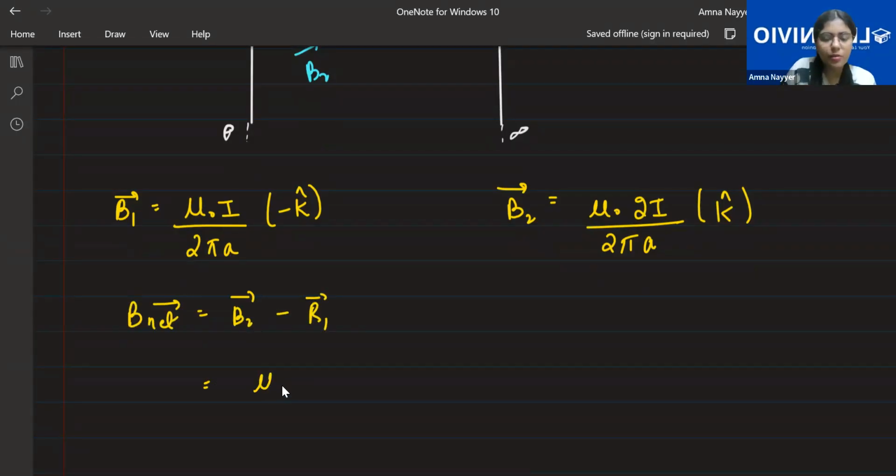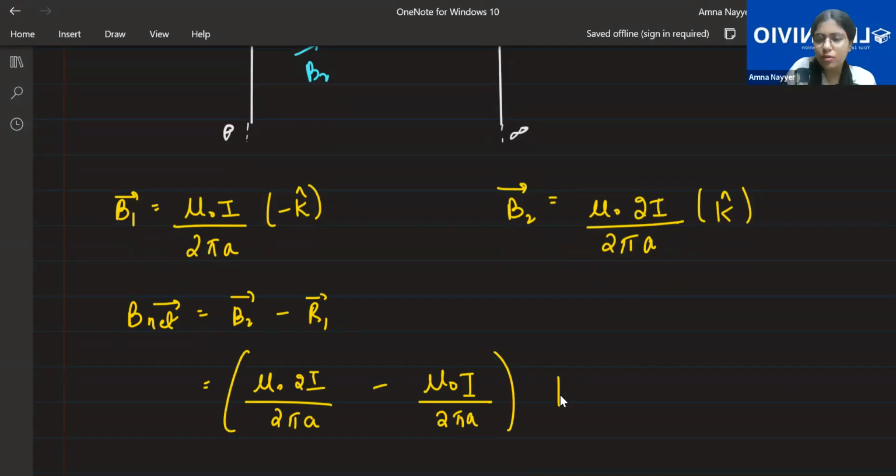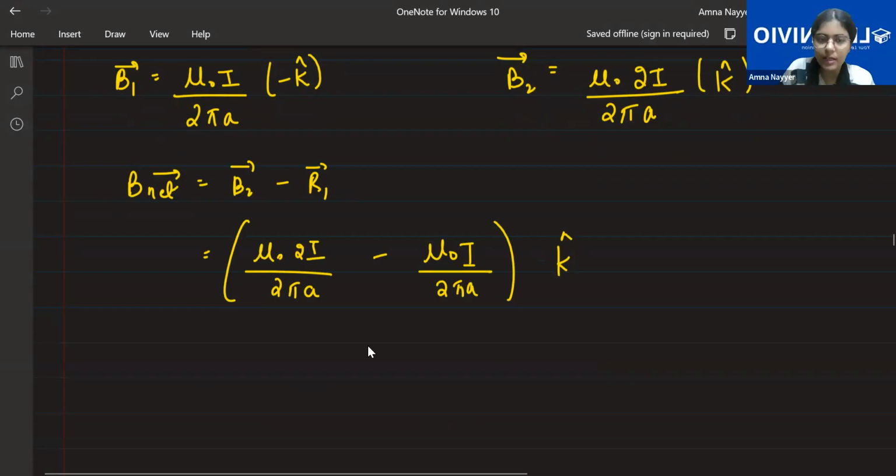So this is mu naught 2I divided by 2 pi A. Here we have minus mu naught I by 2 pi A. And k cap is also common for both of them. Finally, the resultant will be along the z axis only.